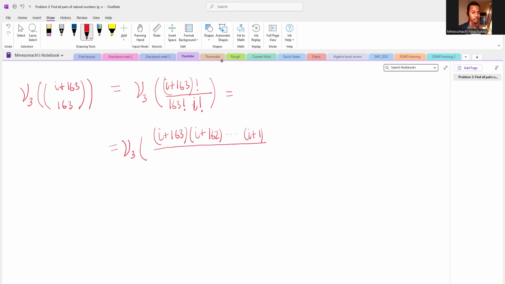So I'm canceling the i factorial out of it, leaving 163 factorial.